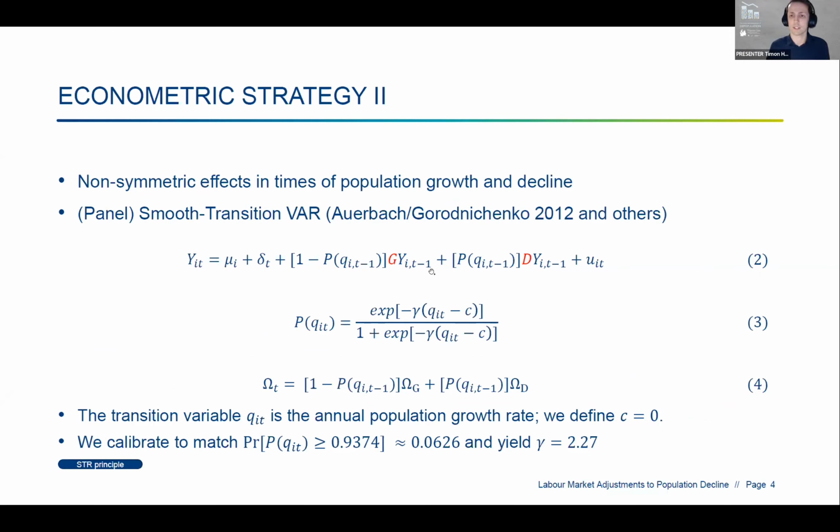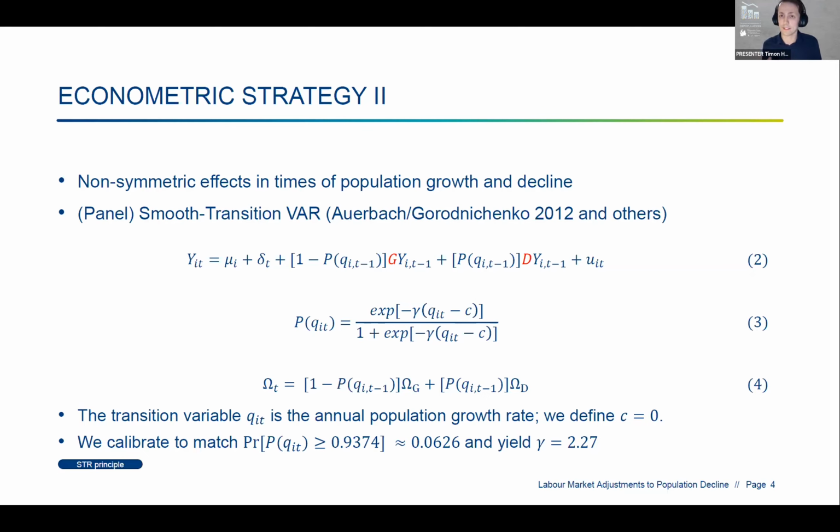We now include the lagged endogenous variables 2 times to get here in red 2 coefficient matrices. One is for the dynamics during growth periods and one for the dynamics during decline periods. And how do we obtain that? By pre-multiplying the vector of endogenous variables with the probability of experiencing population decline in the respective year.